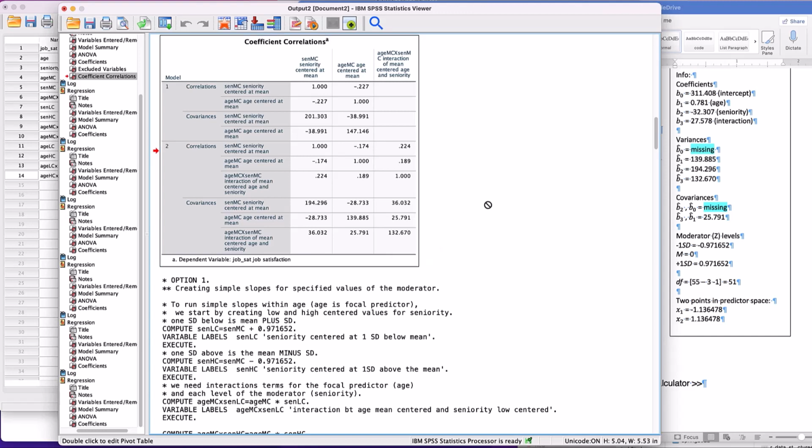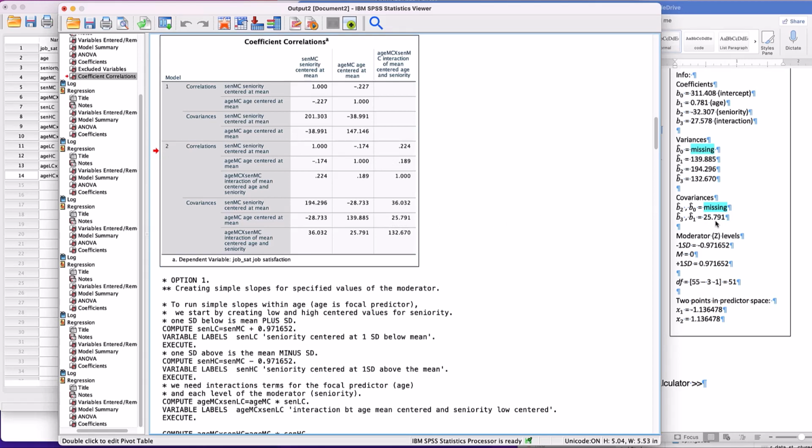For the covariances, see this one with B sub 3, that's the interaction term, and B sub 1, which is age, I can find that one on here because here's age and here's the interaction. So the covariance between the coefficient for age and the coefficient for the interaction is 25,791. So I put that one there.